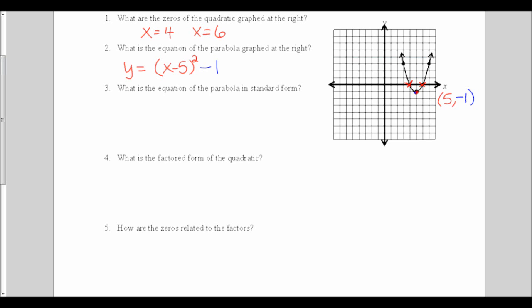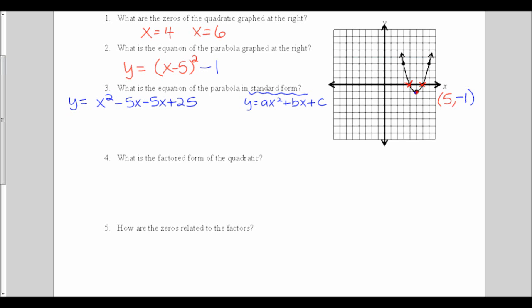Question number 3 asks, what is the equation of the parabola in standard form? Standard form for a quadratic is ax squared plus bx plus c. So in other words, I need to take my equation from number 2 and multiply that out. I would start out following order of operations and square first. So I have x minus 5 times x minus 5. That's going to equal x squared minus 10x plus 25.